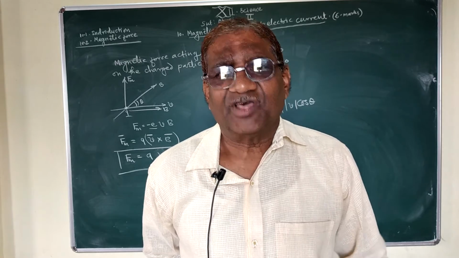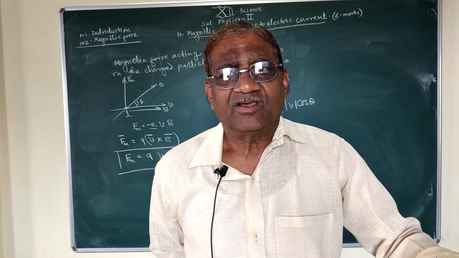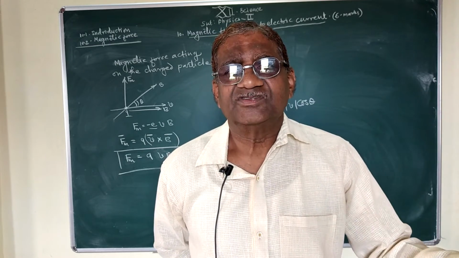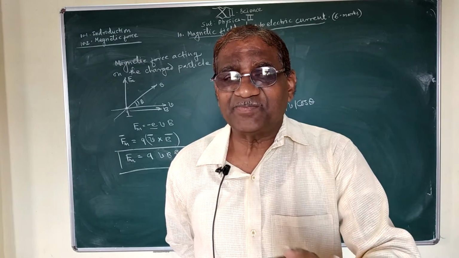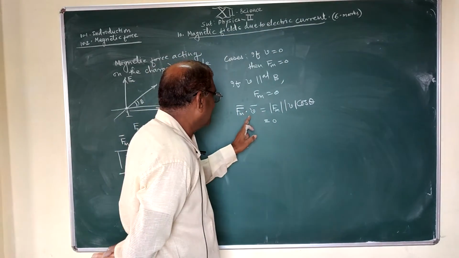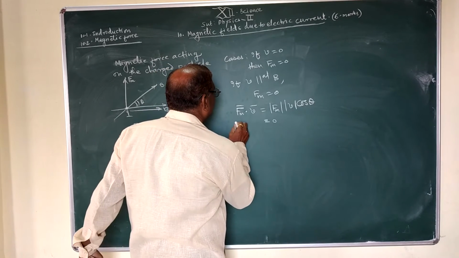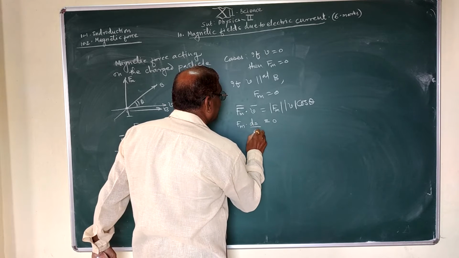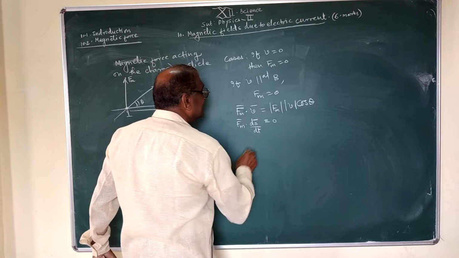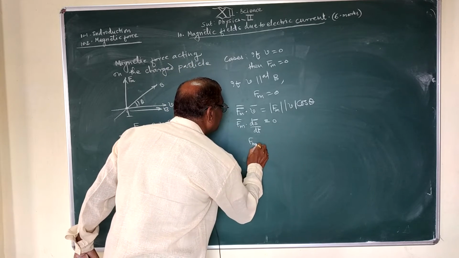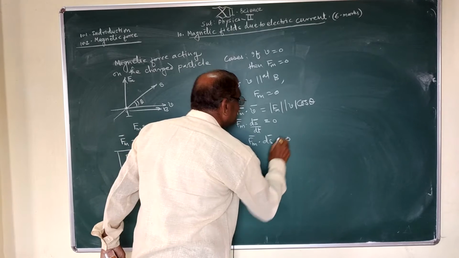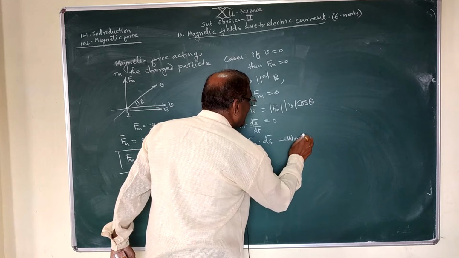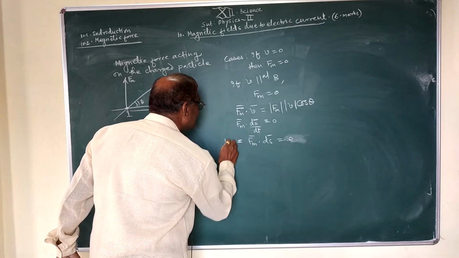It means that velocity of the charged particle is nothing but the rate of change of displacement. So work done, we can also write as Fm into ds upon dt is equal to 0, or Fm dot ds is equal to 0, and Fm dot ds is equal to work, that is 0, that is work is equal to 0.